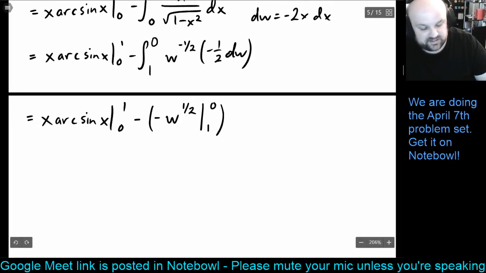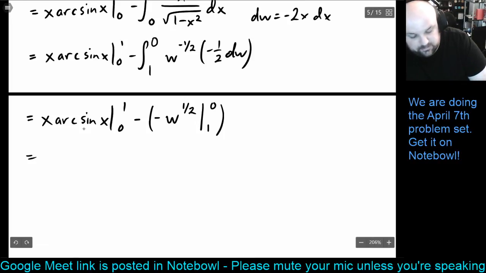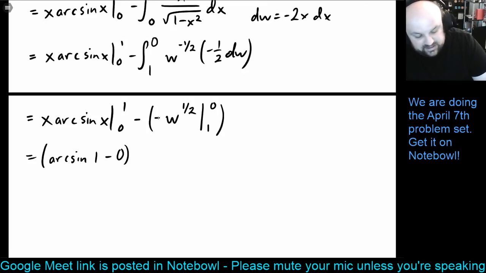And now we just go about our business here, plug some stuff in. Here we're going to have arcsine of 1 minus 0. Just plug in the 0 here, we get 0. Okay, and then here, this minus and this minus make a plus. Plug in 0. Minus 1 to the 1/2 is square root of 1.